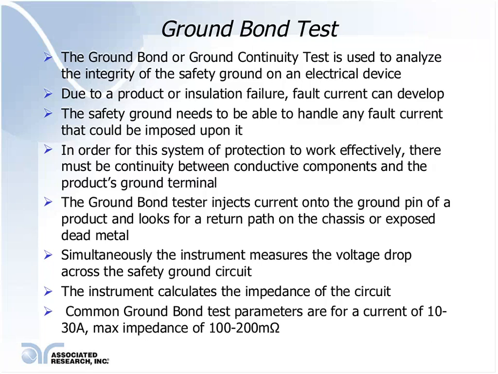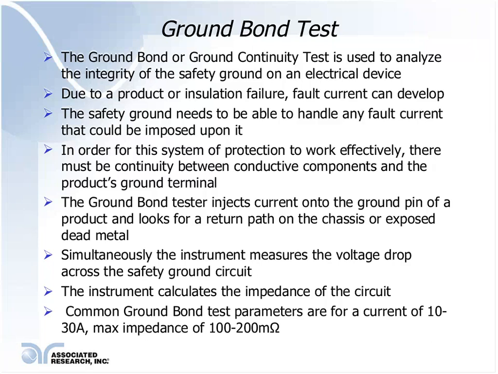What the ground bond tester does is that during the test, it injects current into the ground pin of a product and looks for a return path on the chassis or the exposed dead metal. Simultaneously, the instrument will measure the voltage drop across the safety ground circuit to calculate the impedance of the circuit.